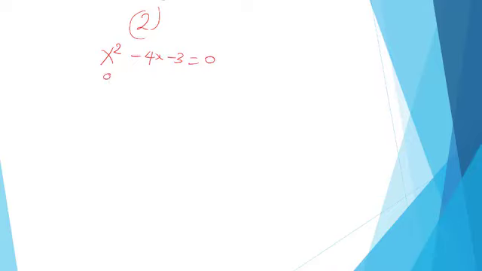So let's start. Our a here is 1 because 1 is attached to here. Our b here is minus 4, and our c is minus 3.